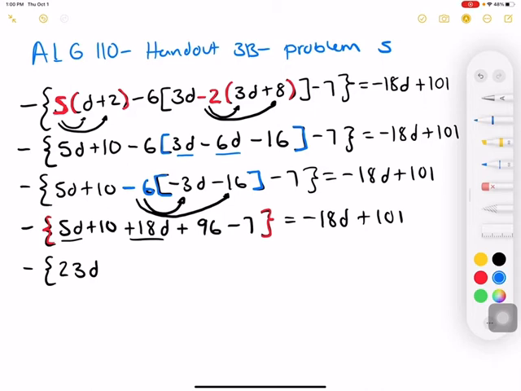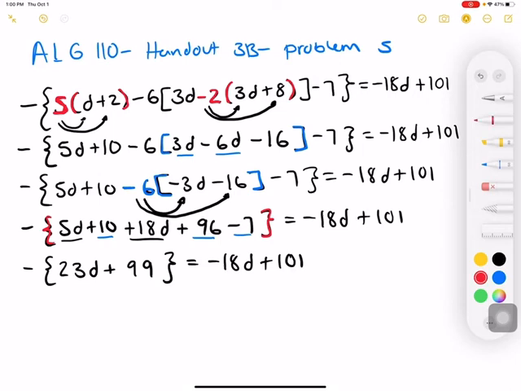We can also combine the numbers: 10 plus 96 minus 7. 10 plus 96 is 106, minus 7. If I combine those, that's going to be 99. If I combine all the numbers, equals negative 18d plus 101.